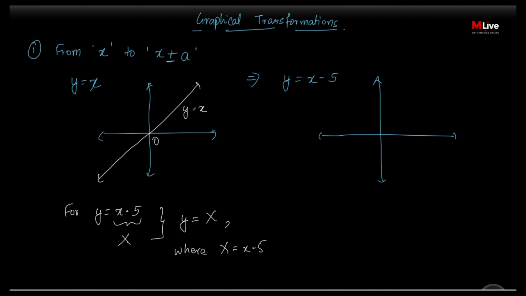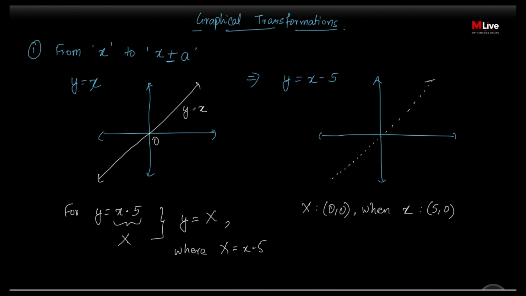That means the origin is getting translated from 0, 0 for the small x to 5, 0 for the capital X. How does this work? Just look at x minus 5 is equal to 0. So x will be equal to 5. This is called translation or shift of origin.